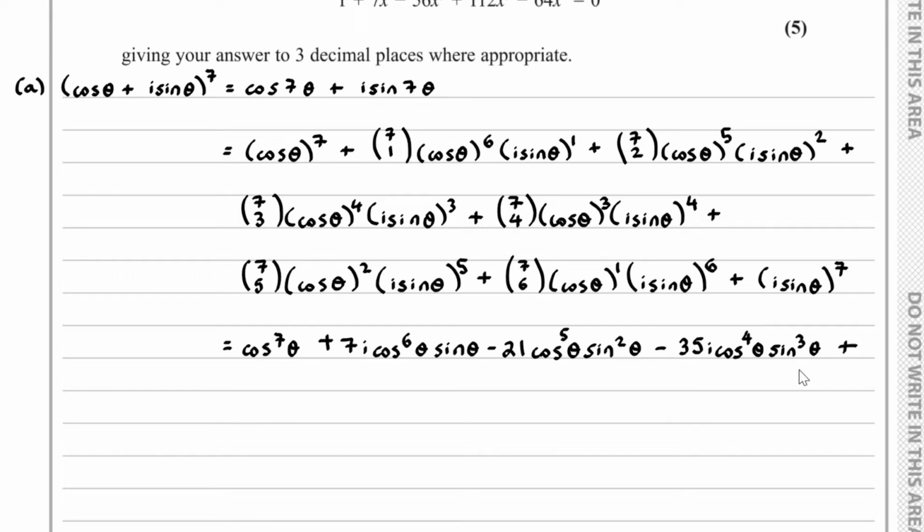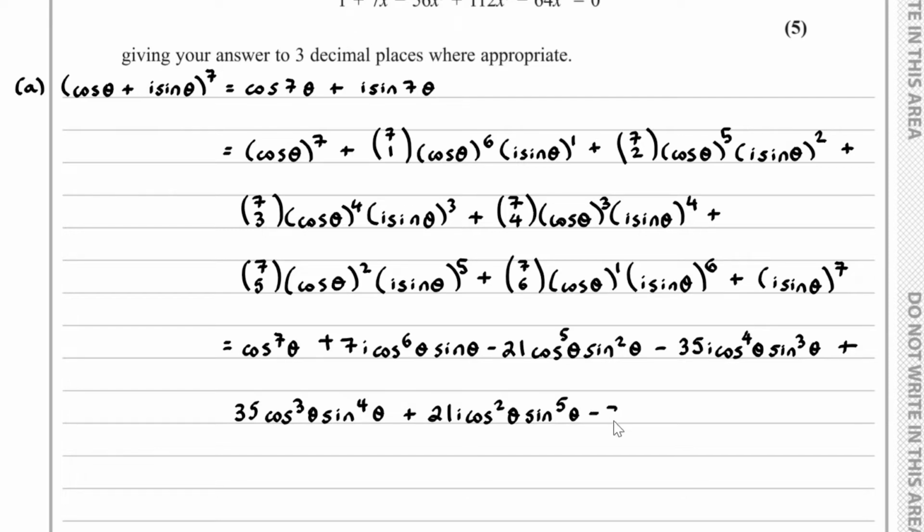Next term, we've got 35 times cos cubed theta times sin theta to the 4. And then next term, we've got 21i times cos theta squared times sin theta to the 5.